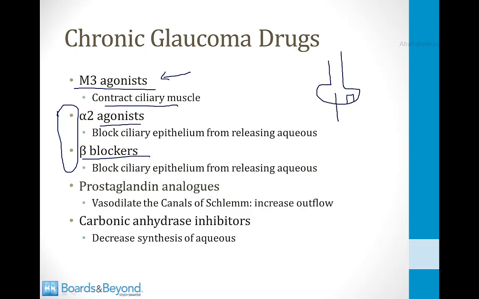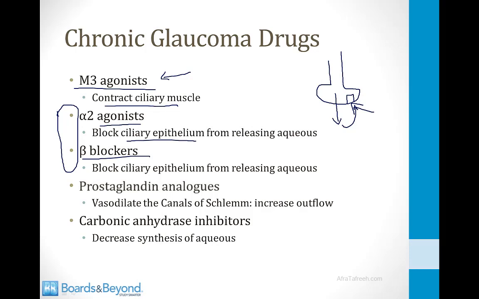So when this neuron releases norepinephrine, it feeds back on this receptor, and then the receptor says, okay, we've released enough norepinephrine, and it shuts down norepinephrine production. By activating or giving an agonist to this alpha-2 receptor, you basically trick the presynaptic neuron to release less norepinephrine. And the effect is the same as for beta blockers. So both alpha-2 agonists and beta blockers will block the ciliary epithelium so it releases less aqueous humor.